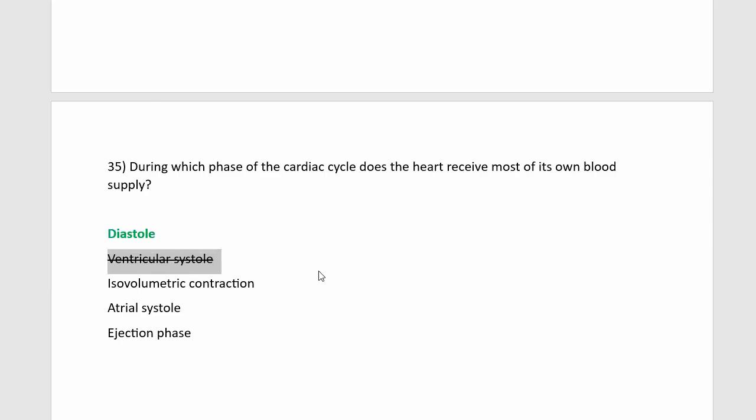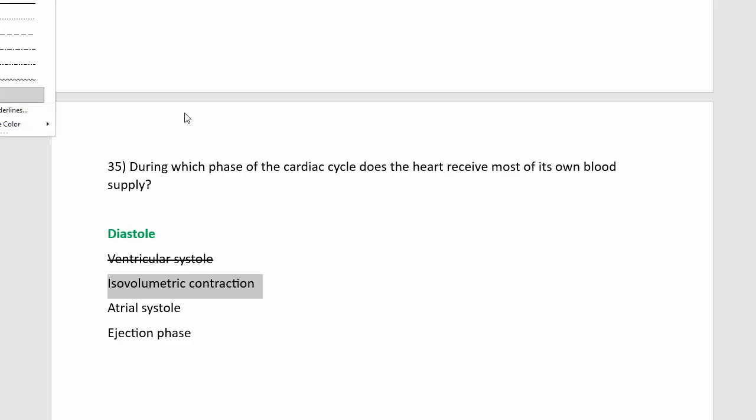So it is not ventricular systole. Isovolumetric contraction is the first stage of ventricular systole. During this phase, the ventricles contract simultaneously, which increases ventricular pressure. However, this ventricular contraction impedes blood flow through the coronary arteries, resulting in less blood flow. Same with ventricular systole, so it's not that one.